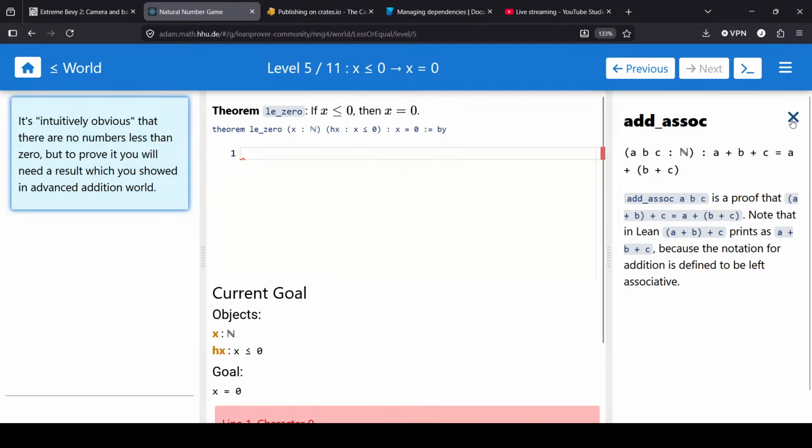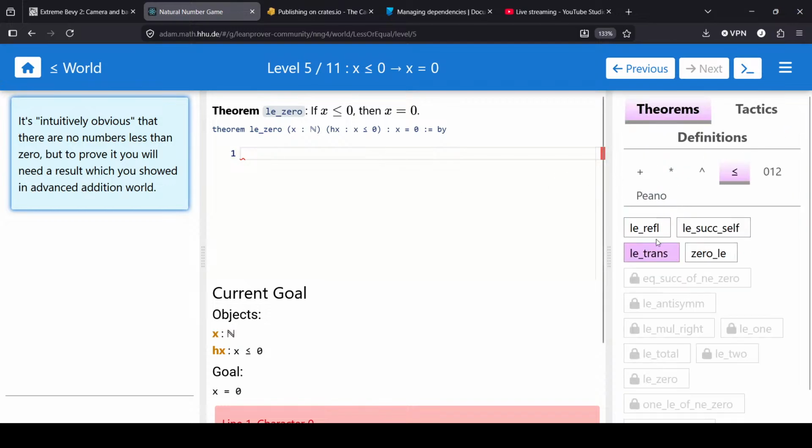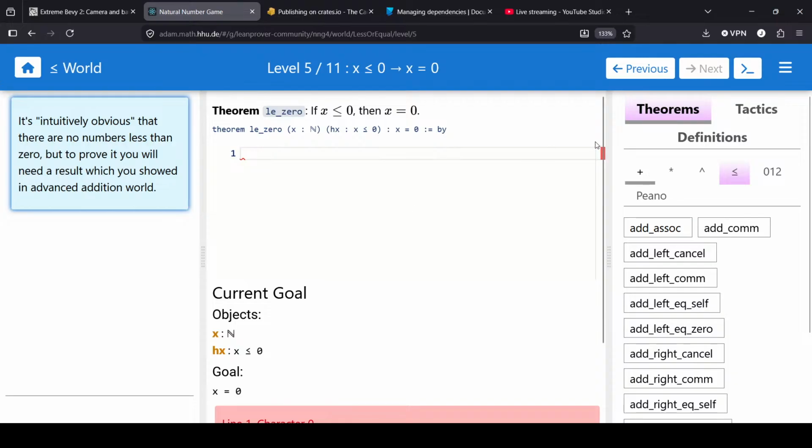Okay. When did we do that? Okay, so now we have le trans. Le raffle. Oh. Yeah, shout outs to that guy.